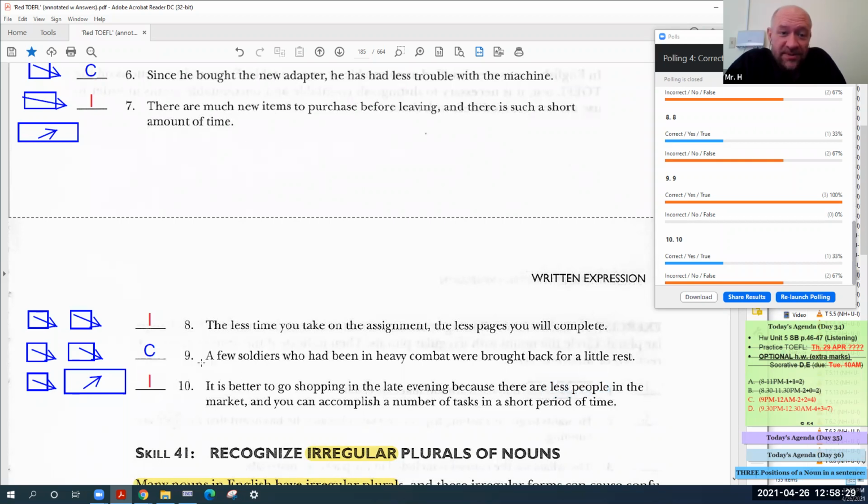We never use this in academic English. In academic English, it's wrong. So in TOEFL, if you pick this as a correct answer, you lose marks.